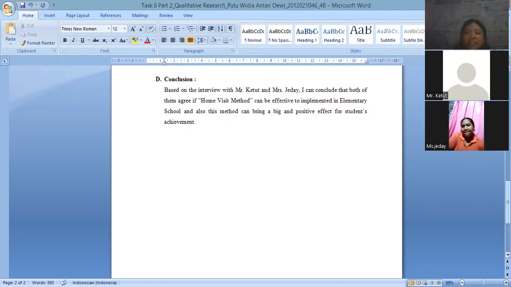As Ms. Jedai said before, it can increase student scores if they have home visits, and as Mr. Ketut said before, it can help students get proper and understandable material. So I can conclude that both of them agree that the home visit method can be effective to implement in elementary school. So that's all for our simulation of the interview method for collecting our data in the research.